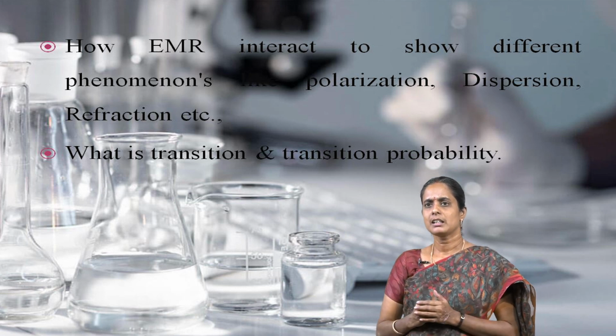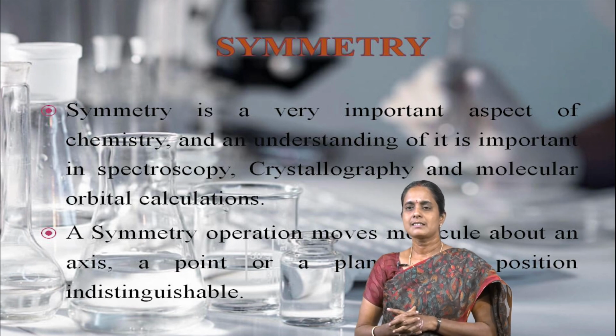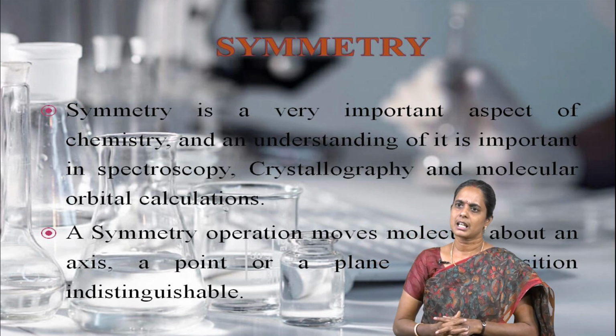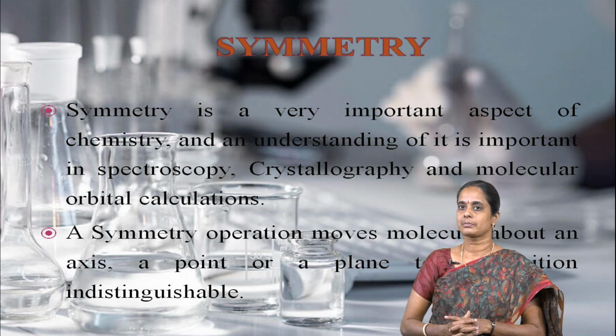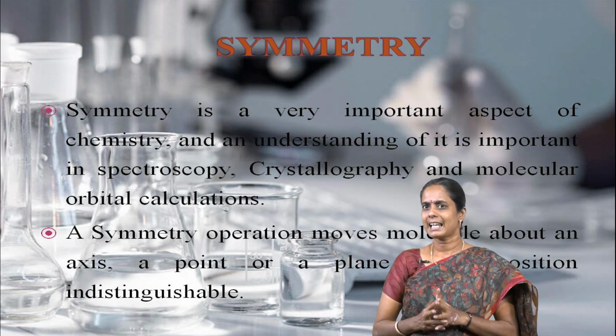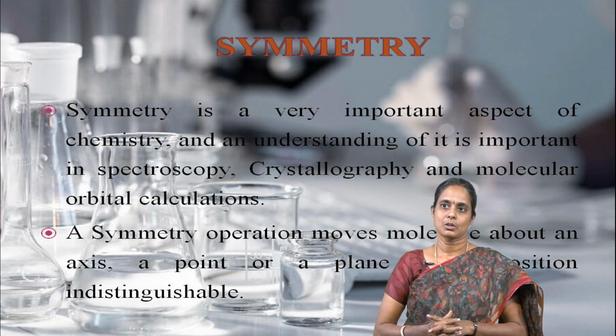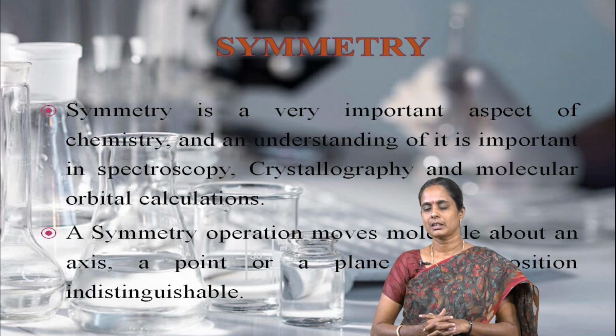In group theory, the first phenomenon is symmetry elements. Symmetry is a common phenomenon in the world around us. It is difficult to overestimate the importance of symmetry in many aspects of science, not only in chemistry.